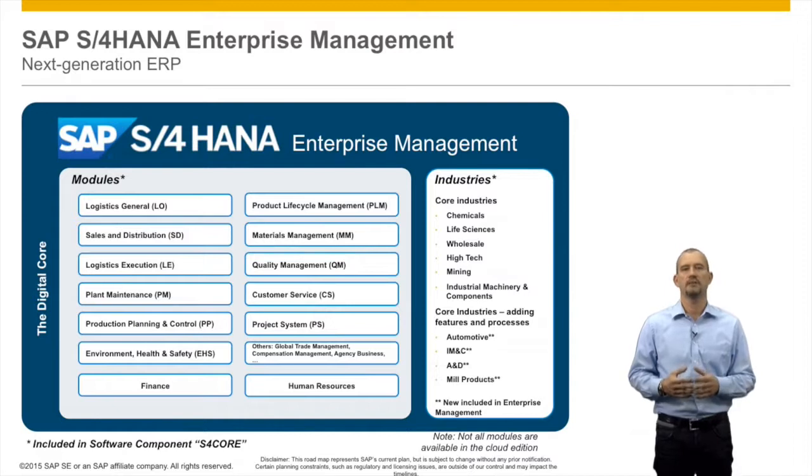So first, let's look at the scope of S4 Enterprise Management. It is simple: the feature and function parity is similar to SAP ECC 6.0, plus major innovations in core modules like finance and logistics areas.